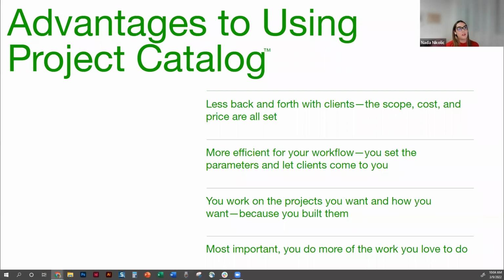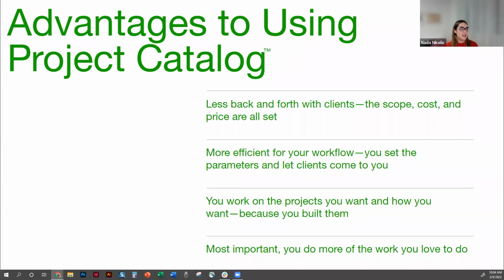Also, something that I personally very much like about project catalog is that you get to work on projects you are passionate about, something you really enjoy doing. You built it with the scope, the cost, and the price that you wanted. So it's a plus there, right?